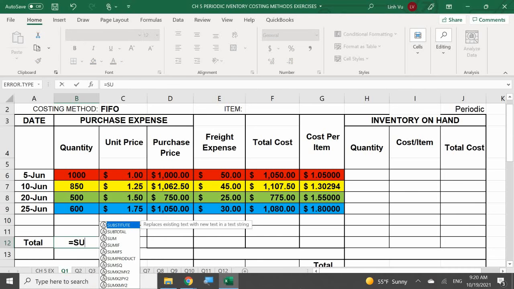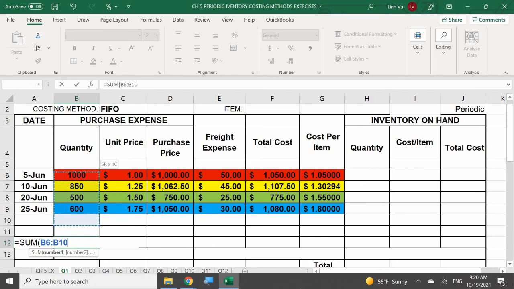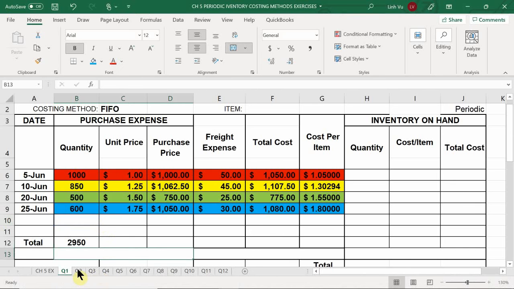How many items did I purchase in grand total? $29.50. Okay?